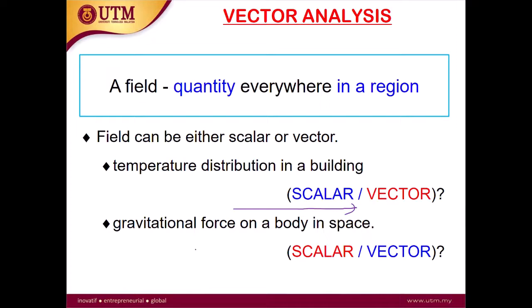Let's say we have one object, and the gravitational force is always going down towards the Earth, F. So the gravitational force has a magnitude, which is ma, and also a direction. Maybe going down. I can write it as here. This is actually a vector unit.